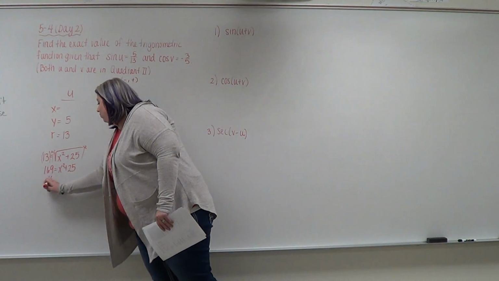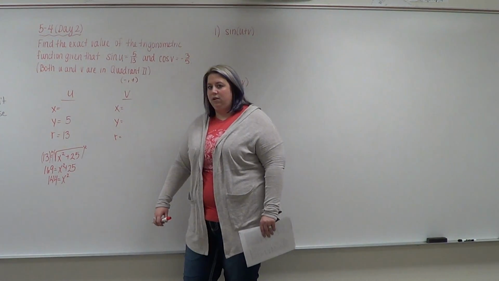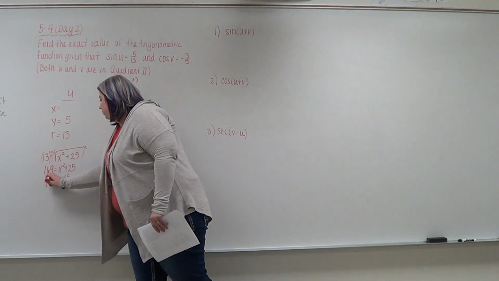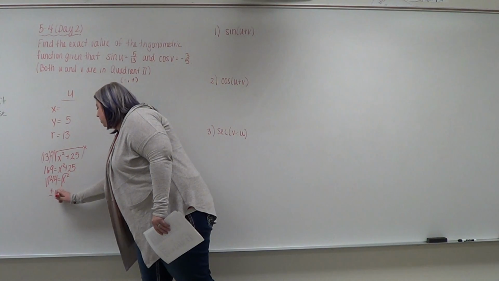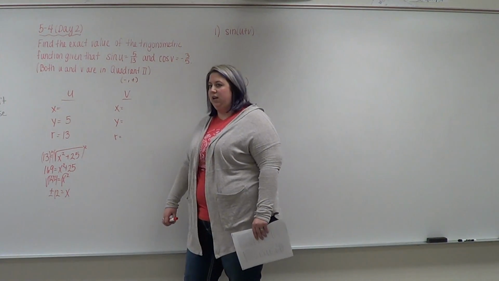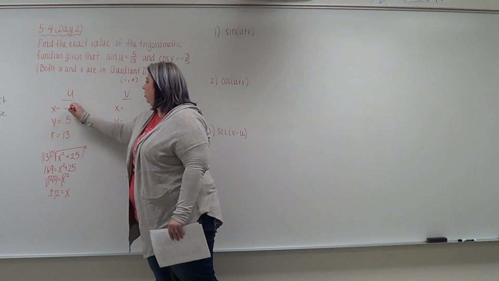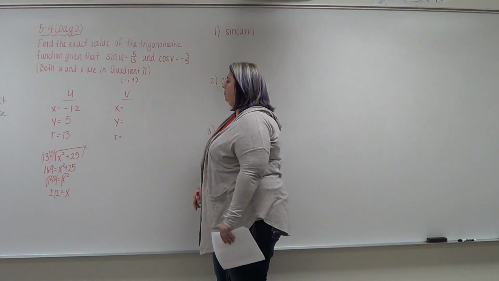Subtract 25, so I have 144 equals X squared. And then how do I get rid of a square? Square root. Okay, so I know X could be positive 12, and it could also be negative 12. How do I know it's negative 12? Because in quadrant 2 it has to be negative. Good.